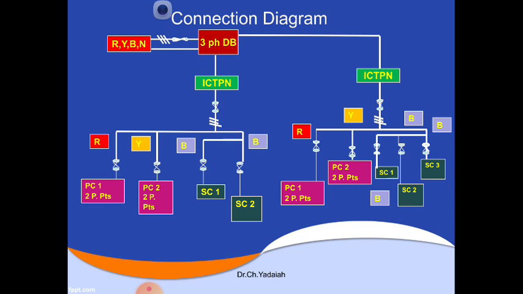Based on the starting current and the available standard charts, we choose the size of the wire, whether 1 by 1.5 mm square or 1 by 2.5 mm square, or different wires, and whether it is capable for the 1/18 wire, 3/20 wire, or 7/20 wires.